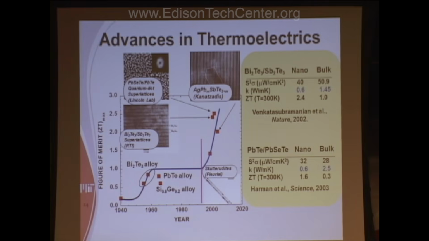So the field got a big impetus during the World War II days and right after. And there was a big expansion in capabilities and interest in this field. So the 1960s saw this big increase from very, very tiny values of the ZT factor to a value of 1. At that value, industry started, and people were using thermoelectrics for various small applications.